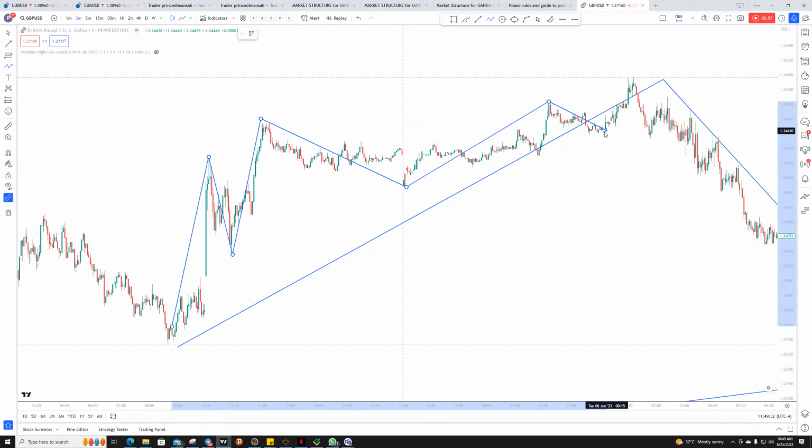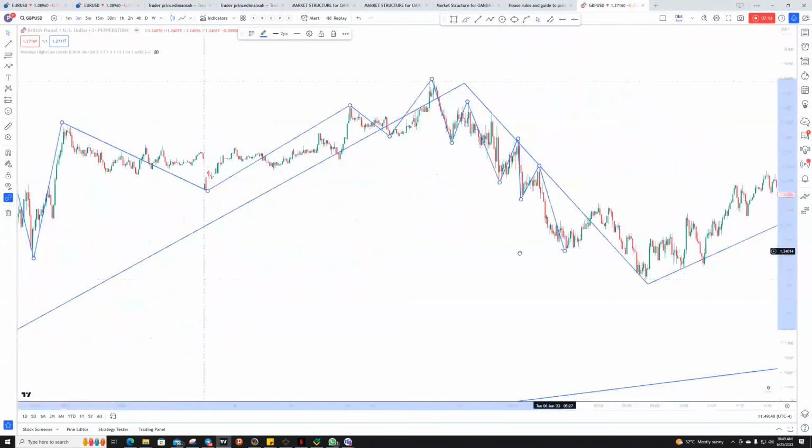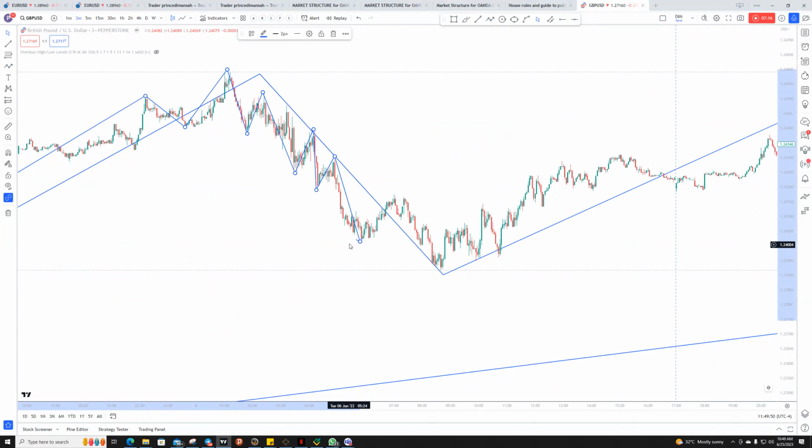So we take this high because it's higher than this. It moves here, came up here, came here, right? And then we have this down movement. Came here, down here, down here, down here, right? And then it continued that way.